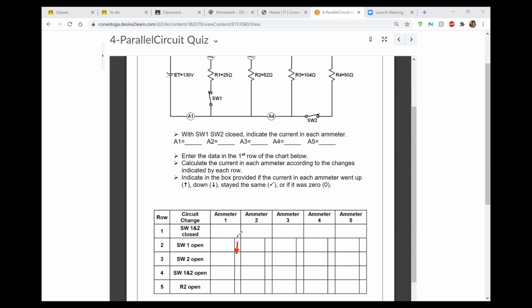So that one went down to 6.35 amps. Ammeter number 2 is now 0. Ammeter number 3 still remains the same, so no change. All the other ones were not changed at all.